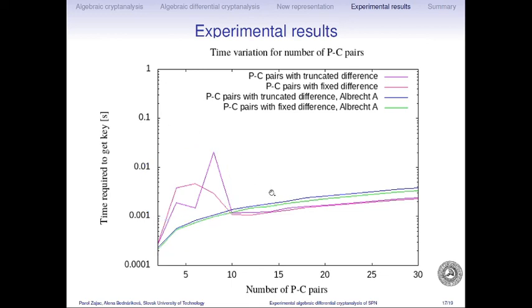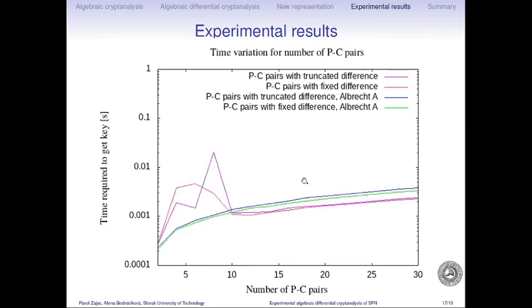Later, where the exact difference match is required, then we only reject pairs and our method is faster than Albrecht's even on average, because there are no solutions.